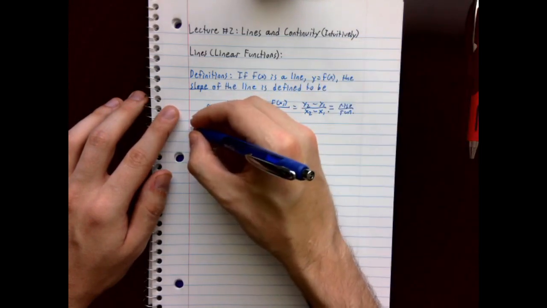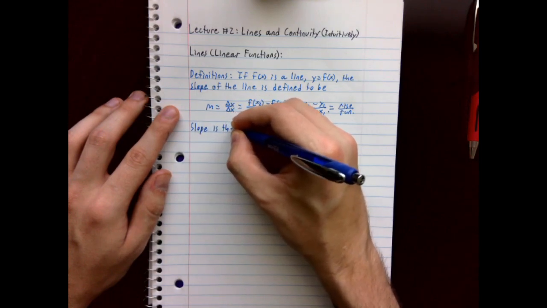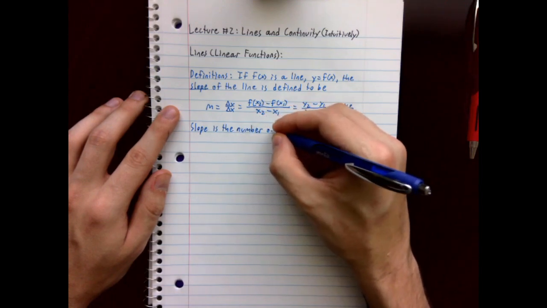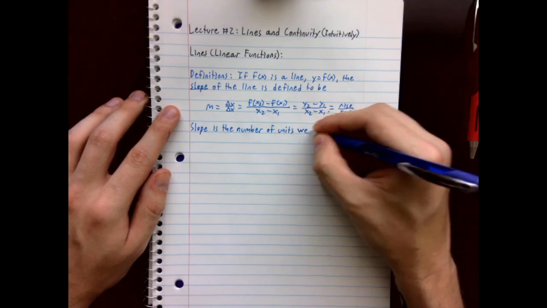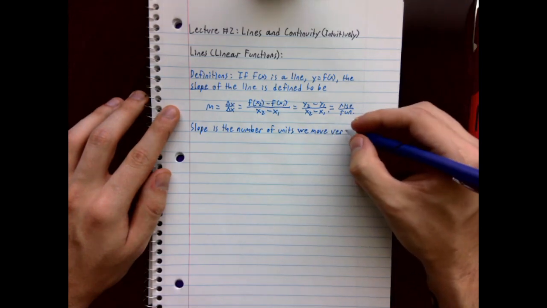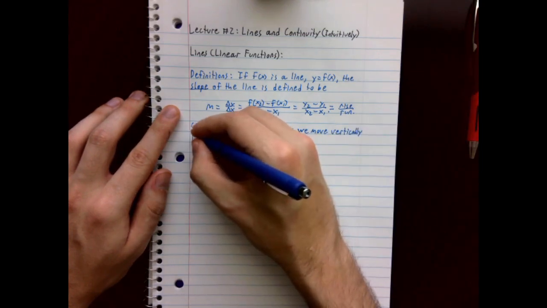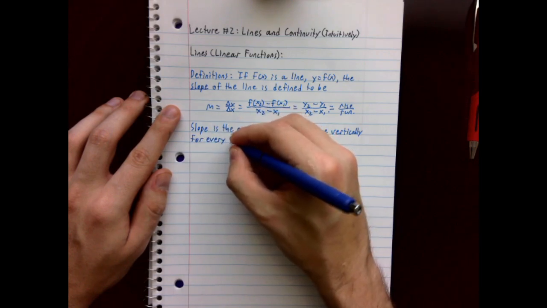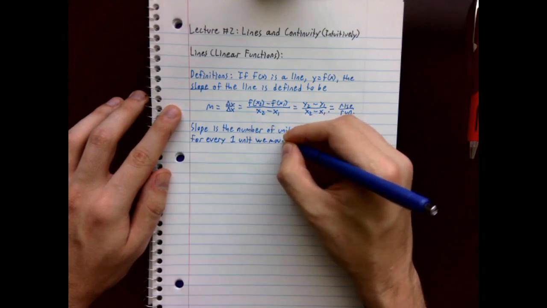So slope is the number of units we move vertically, either up or down, up if it's positive, down if it's negative, for every 1 unit we move horizontally.